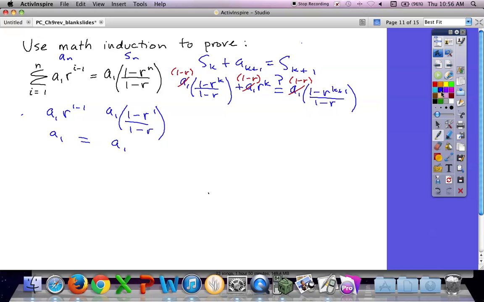Right, so in this first term, 1 minus r's cancel, and I've got 1 minus r to the k. In the next term, I've got 1 minus r times r to the k. On the right-hand side, 1 minus r cancels, and I've got 1 minus r to the k plus 1.